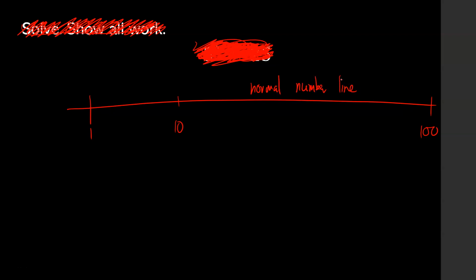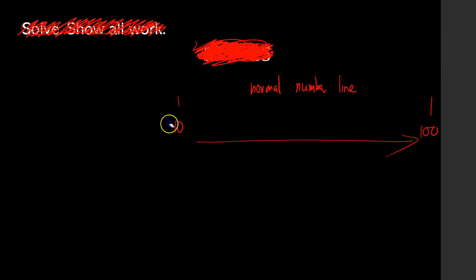When we talk about logarithms, logarithms shrink the distance between the powers of numbers to be the same. And so what I mean by that is, on a logarithmic scale, the distance from 1 to 10 and the distance from 10 to 100 are the exact same, because that's an extra power of 10.